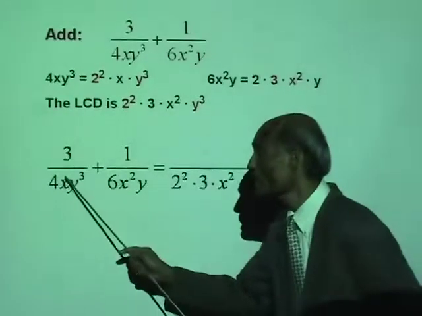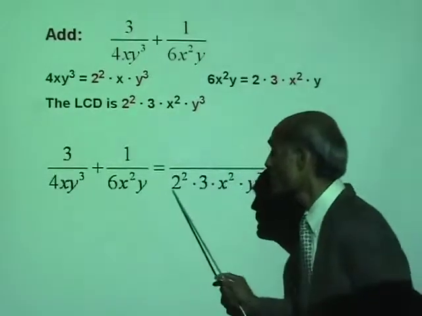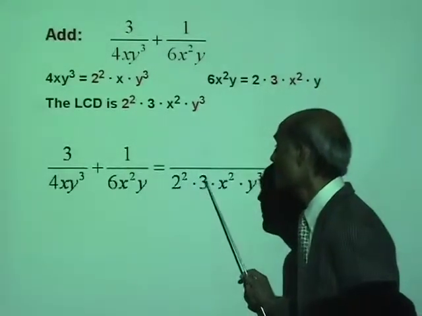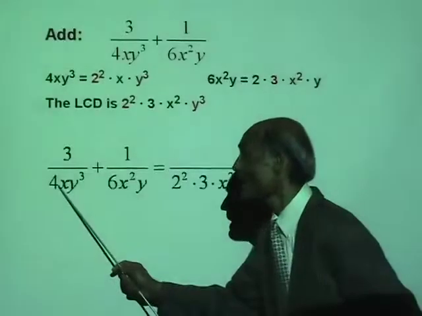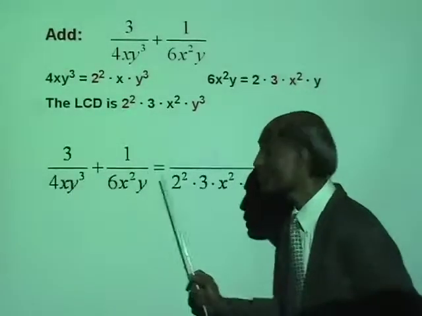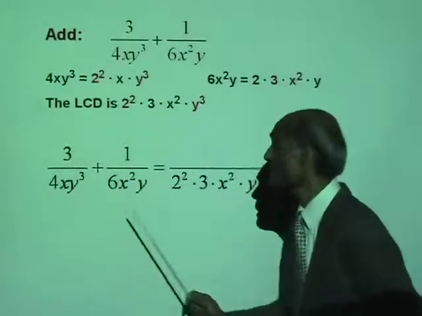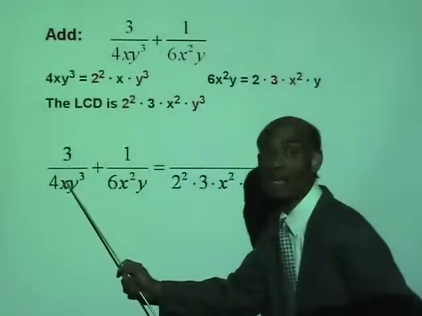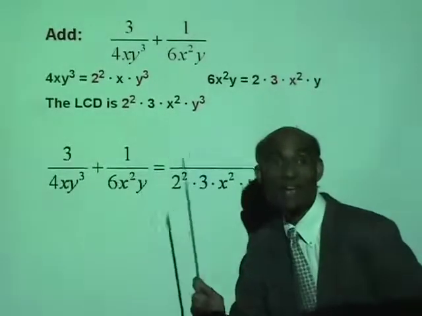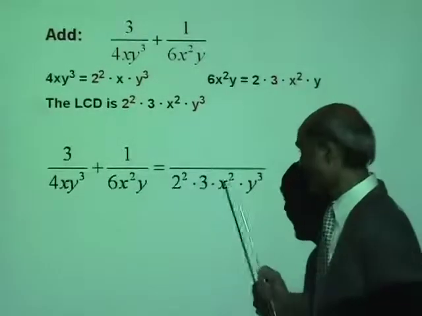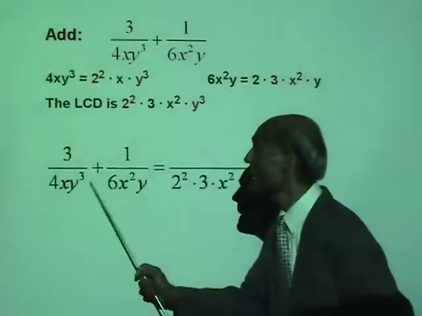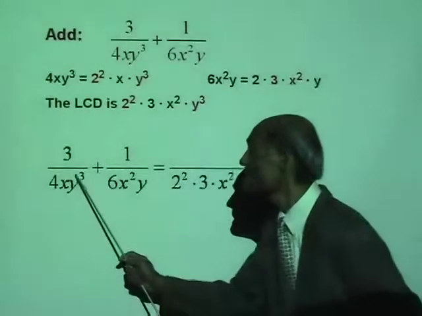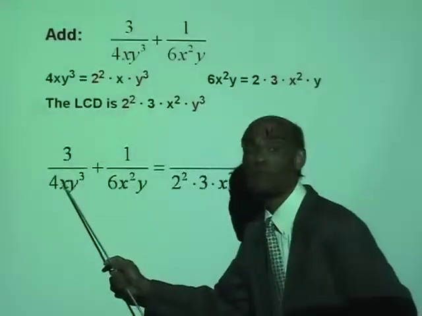Now if you look at this, this is a 4. That is 2 squared. So 2 squared is there, but this 3 is not there. You see that? So this 3 is missing in that denominator. Now look at the x squared here and the x there. There is an x missing. And y cubed is there. So what are the factors from the LCD that are missing here?